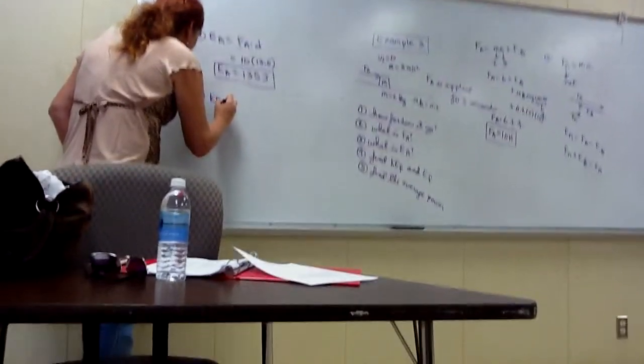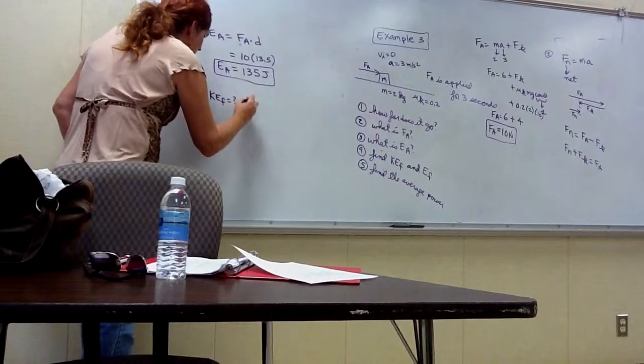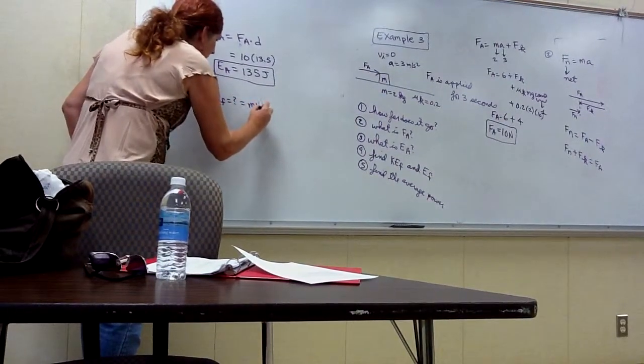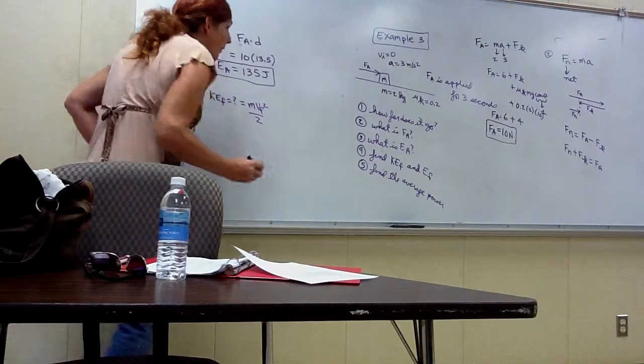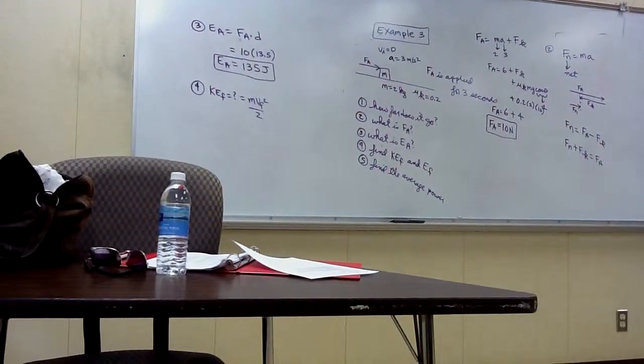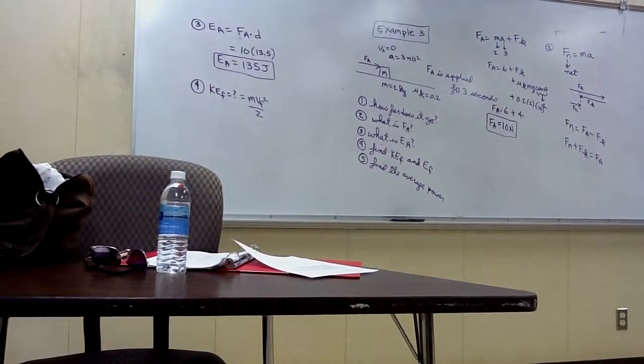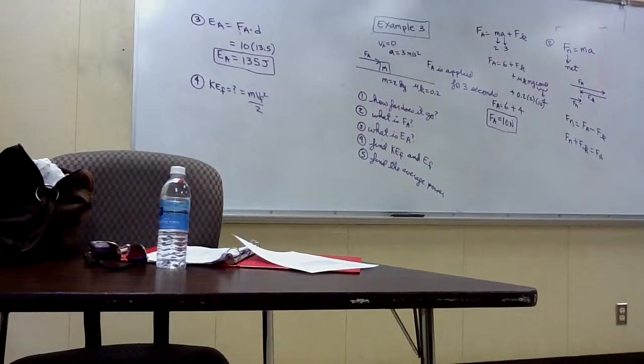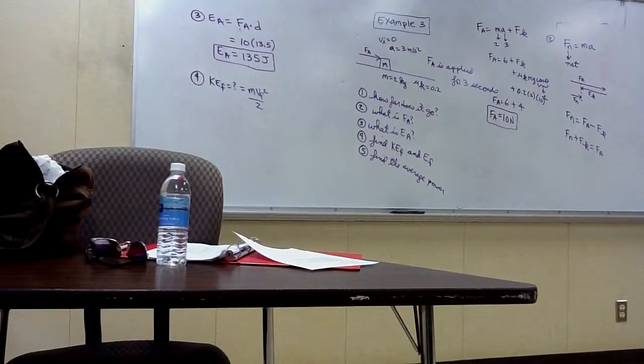Kinetic energy final is equal to what? Well, we know it's mv final squared over 2. So here's where, if you chose to go this route, it took longer to get the first answer, but you've already calculated the final velocity, so you save time on your second answer. You've already calculated VF as 9.